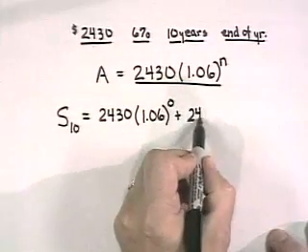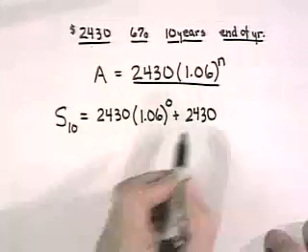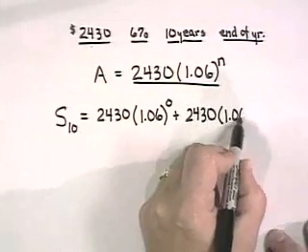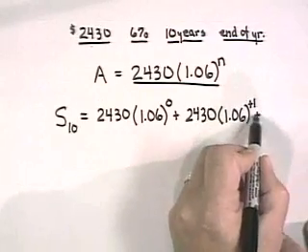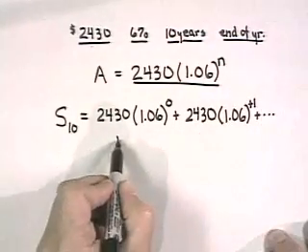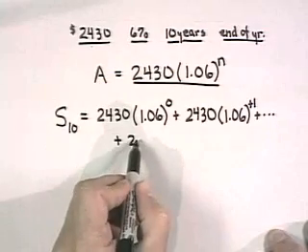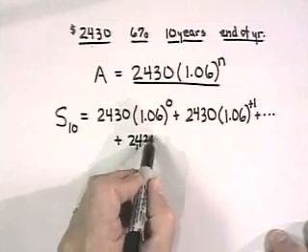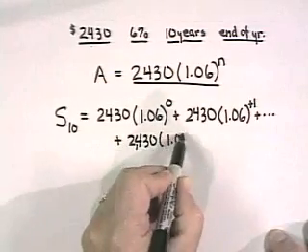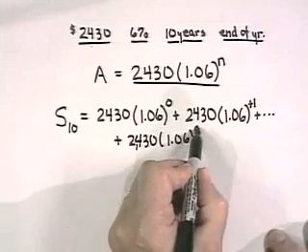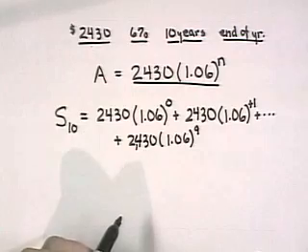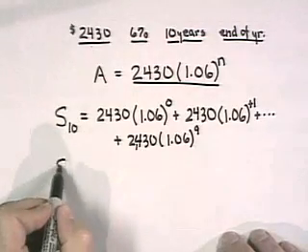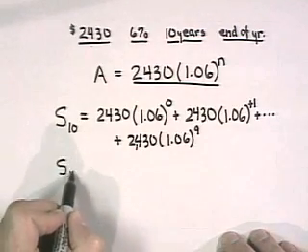Plus 2430 times 1.06 to the first power, and so on until we get to 2,430 times 1.06 raised to the 9th power. That's actually the first payment we made. We can rewrite this until it looks like this.